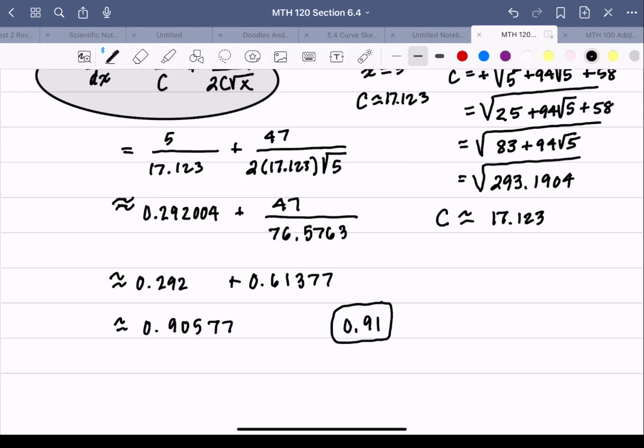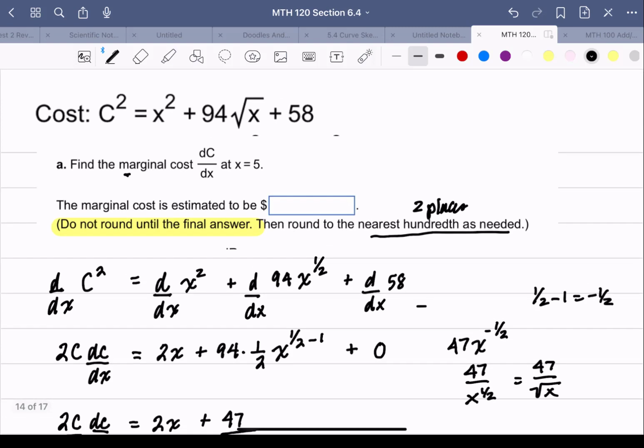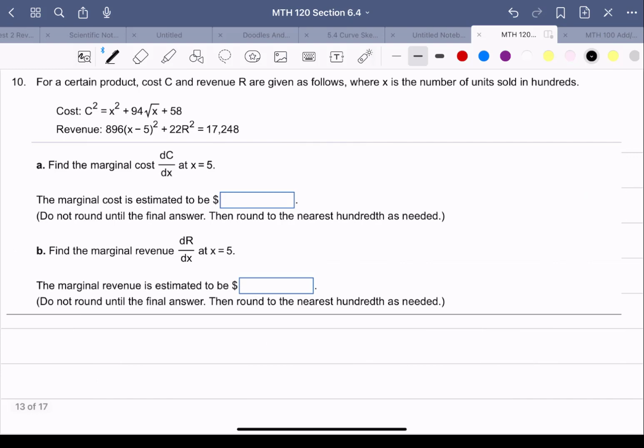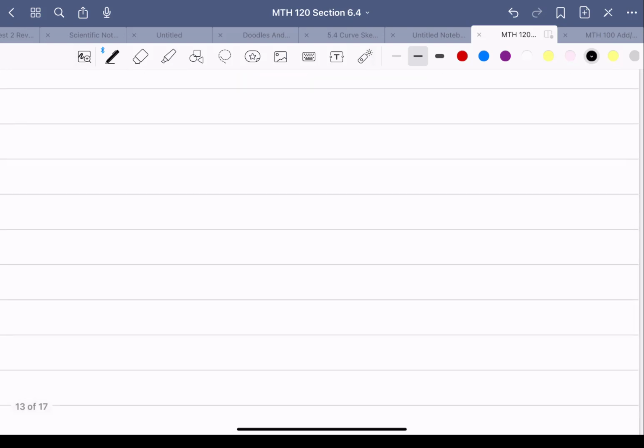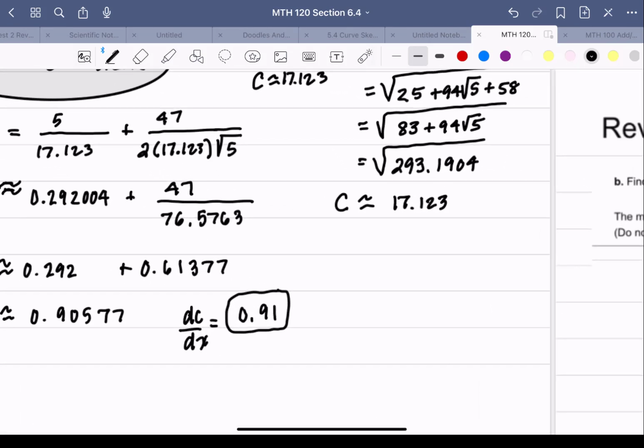Now let's explore what that means. This is dC/dx. So this is the change in the cost. It's our cost formula, the marginal cost, the change in the cost when x is 5. And notice x is the number of units sold in hundreds. So even though they didn't ask us to interpret this, let's go ahead and do that.